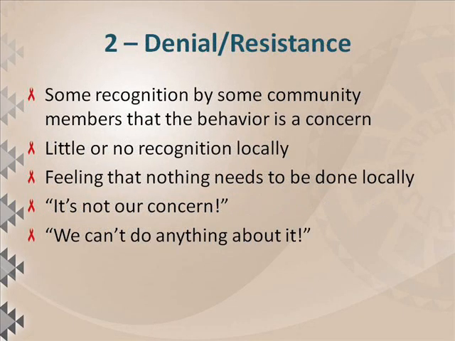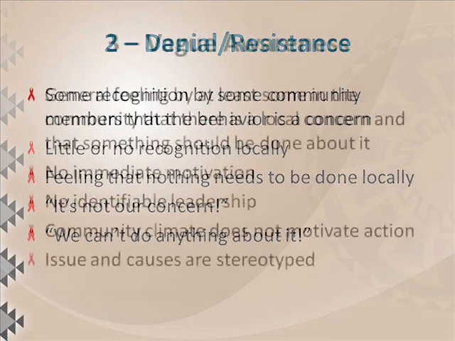The second stage, denial or resistance. What we hear from those interviews is that some in the community recognize that this behavior is a concern. There is little or no recognition locally. There's a feeling that nothing needs to be done. Comments of "it's not our concern" or "we can't do anything about it anyway."